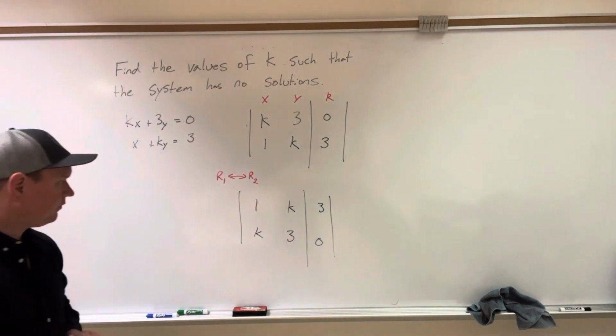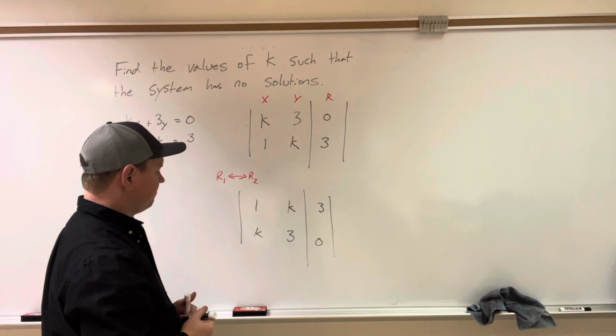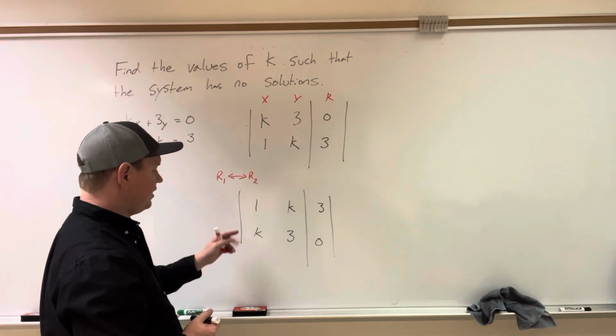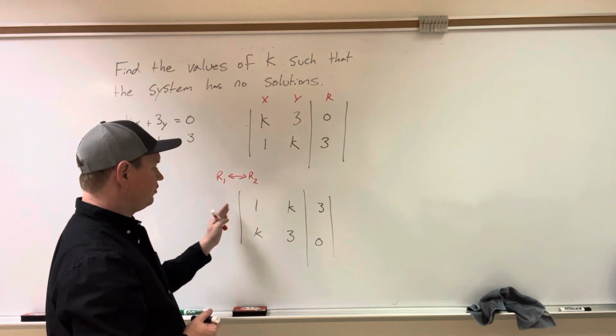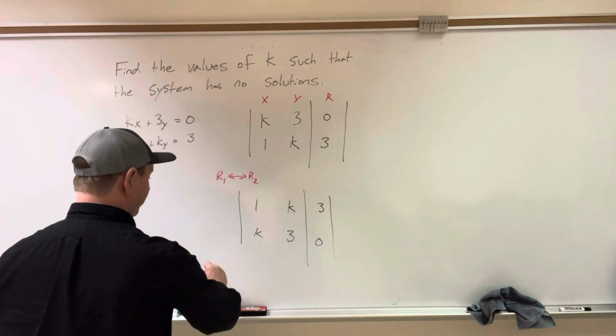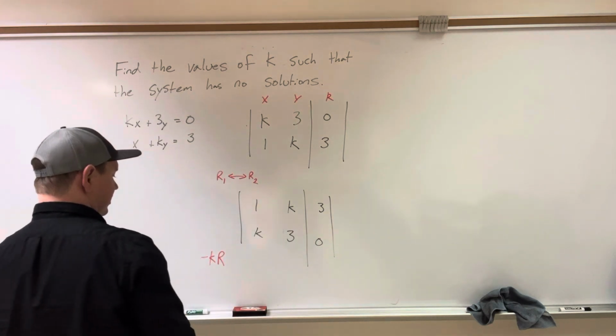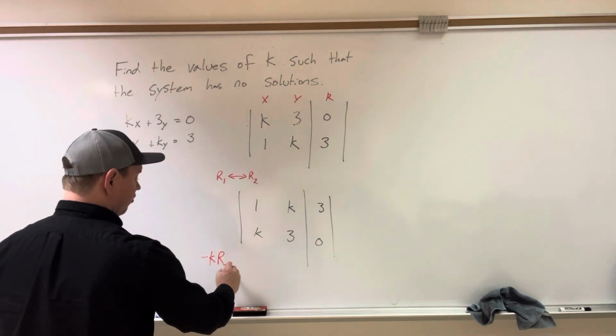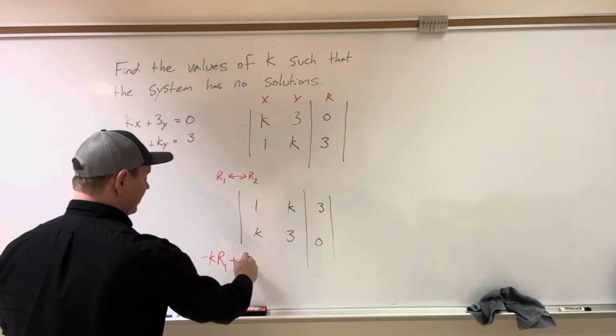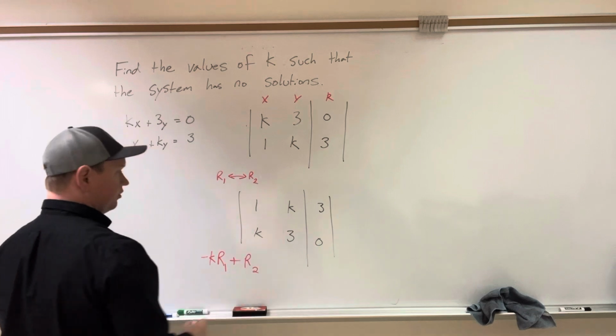Right? Nice. And then for my next operation, I want to take a negative k and multiply it by row 1, and then add it to row 2.